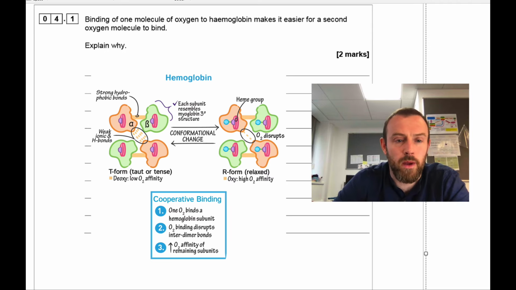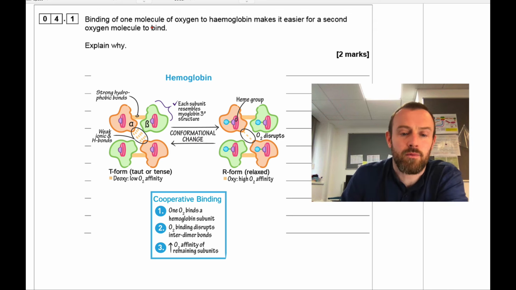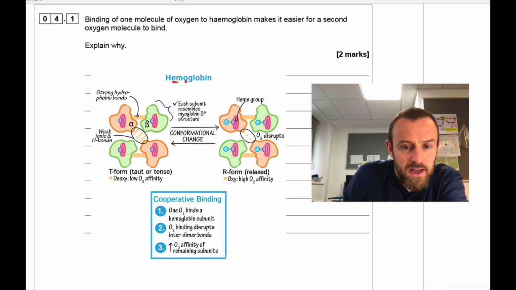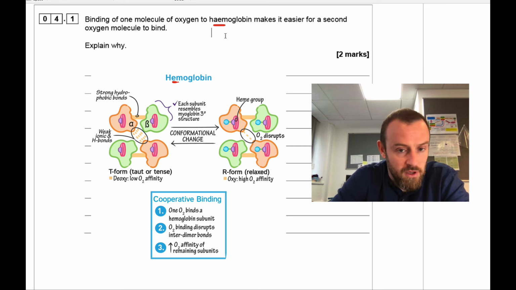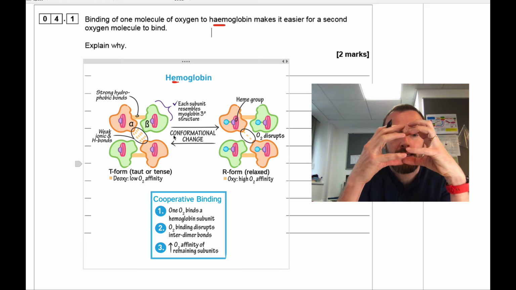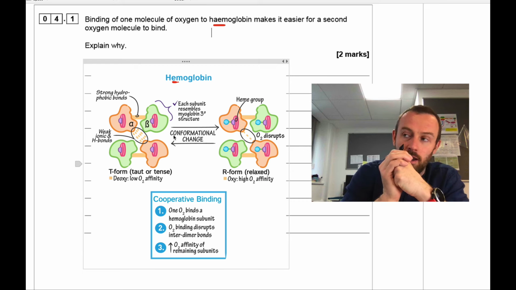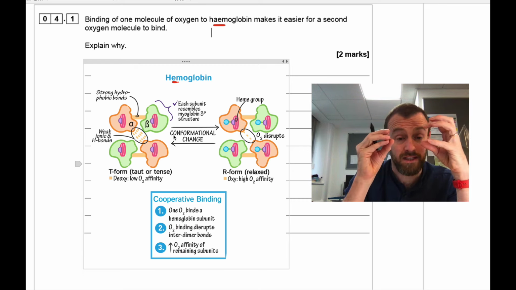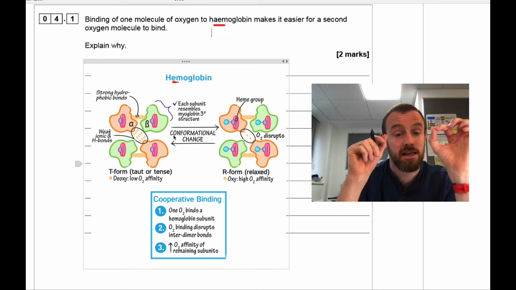Okay, I've dropped in a little picture to illustrate a little bit here. So this is an American spelling with an H-E. We like this A-E. So hemoglobin, first of all, is a protein with a quaternary structure. It has 4 polypeptide subunits. Now those subunits are held together quite tightly. So when the first oxygen binds, it's a little bit difficult to get into any one of the subunits and bind to the heme molecule.